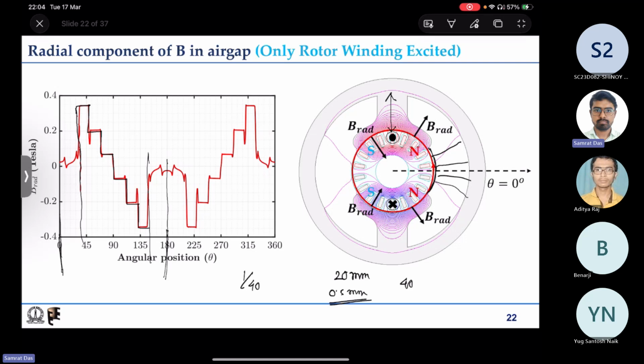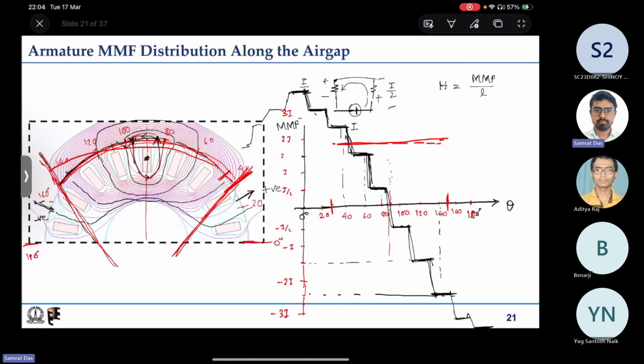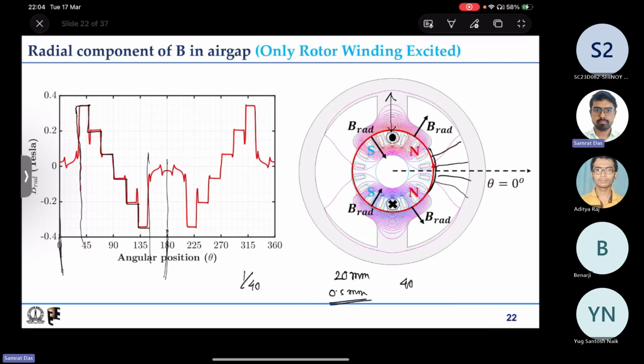So that is why you can see that although the MMF closer to 0 degree or closer to 180 degree is very high, actually at its peak, the flux density is quite low in these regions, and the pattern does not hold, because the MMF is divided by a very big number, say 20 mm, whereas it was divided by only a small number, say 0.5 mm, earlier.